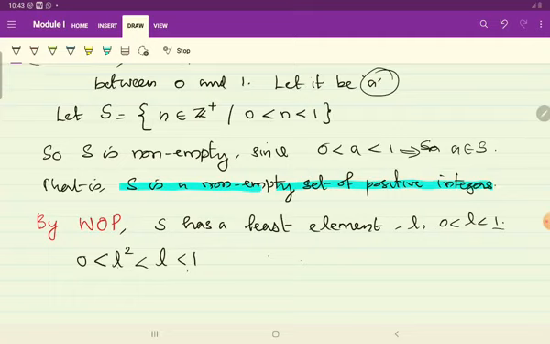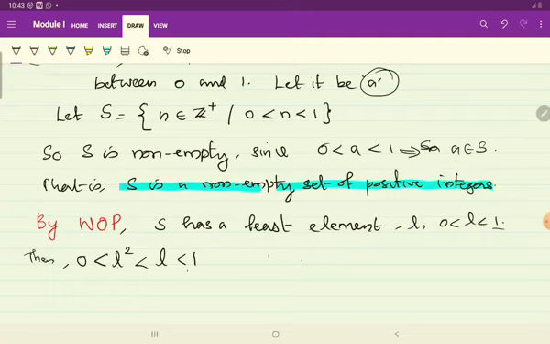Okay, so 0 less than L square less than L less than 1. So L square also belongs to S.